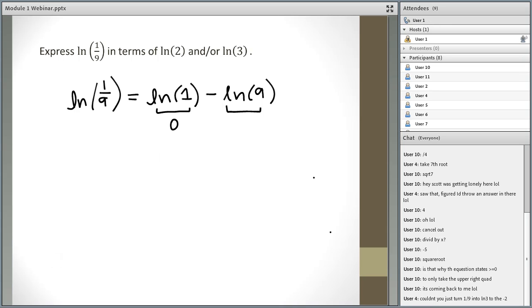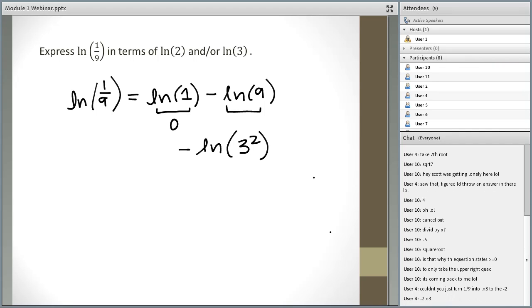Okay, so we have natural log, or negative natural log, and we could write this 9 as 3 squared. Very good. Yep, and that's exactly what you would get if you wrote it as natural log 3 to the negative 2. You would have gotten the same.